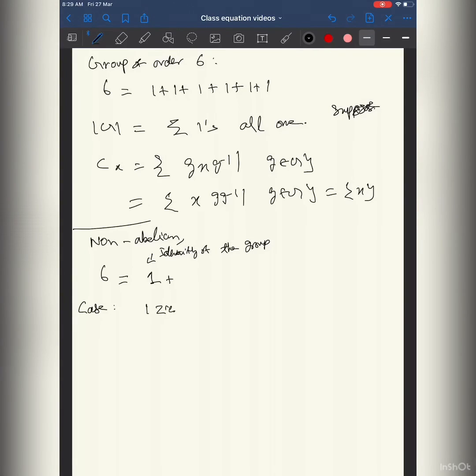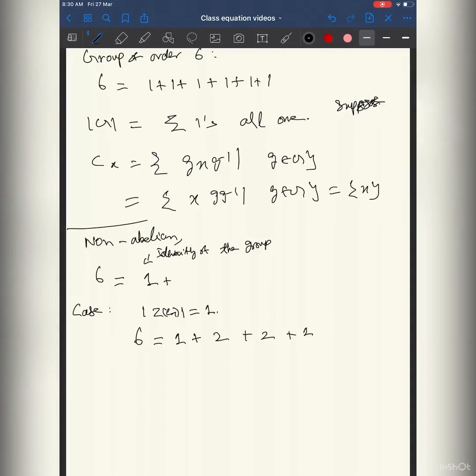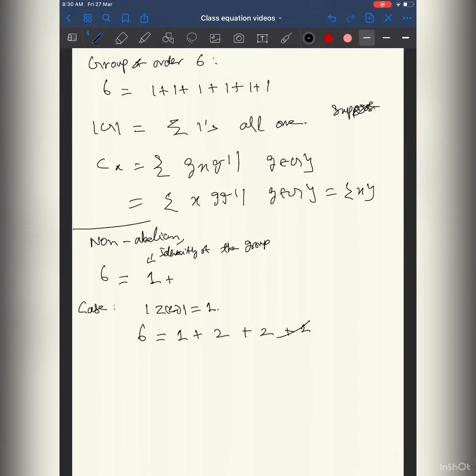Case: center of G equal to 1. Let's do this case. In the sense that 6 is there, I will say 1 plus, now if a 2 appears, I cannot put another 2, because then, like totally 5, I would have to put 1, which means the center would be larger, so this is not possible.